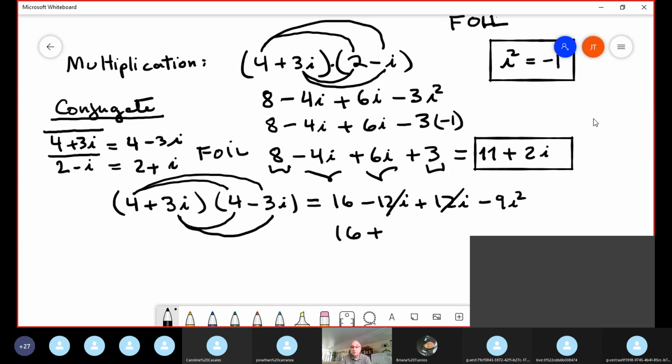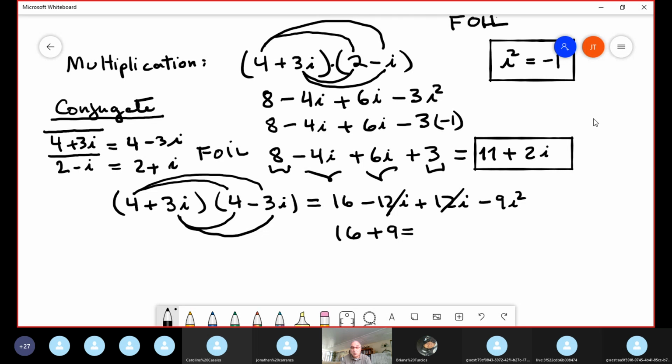It's plus 9. And this is 25. Wow. Important conclusion: when you multiply any complex number times its conjugate, the answer is always real. No i anymore.